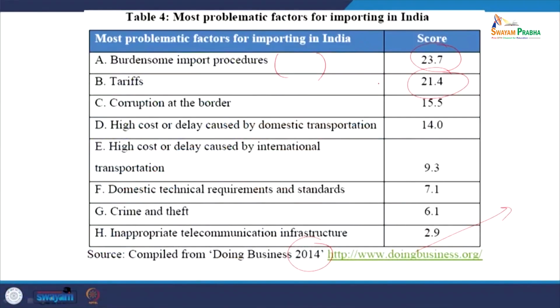It's very huge actually. And similarly, tariffs are also very high, and there is corruption at the border, misplacing of documents or unnecessary malpractices by the agents for trade.